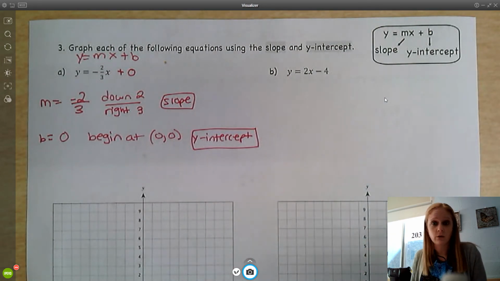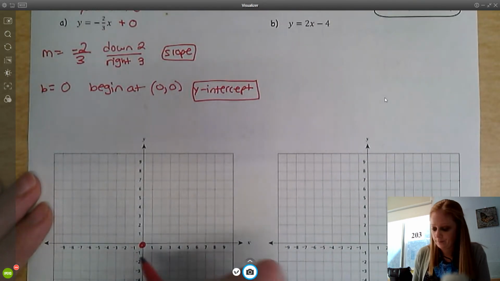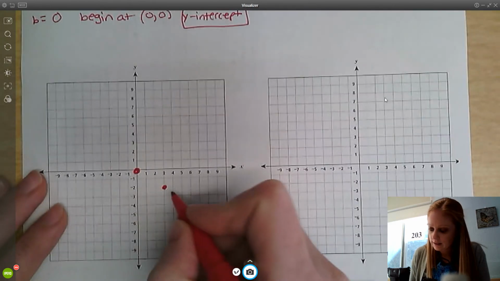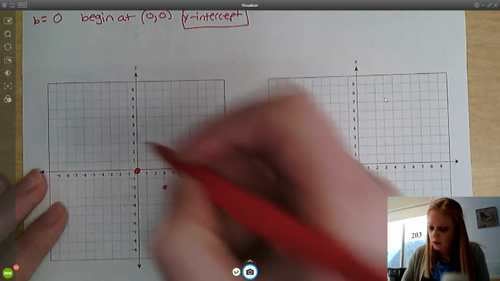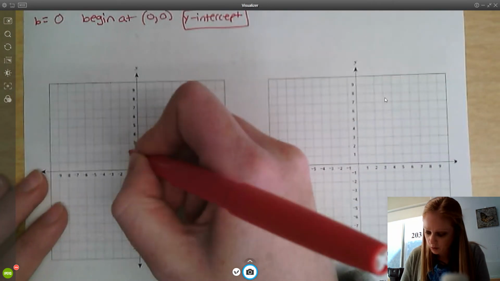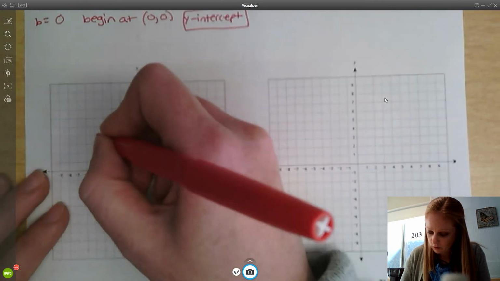It's just 0. It goes through the origin. Now we're going to move down 2 and right 3. Down 2, right 3. Reverse would be going up 2, left 3.